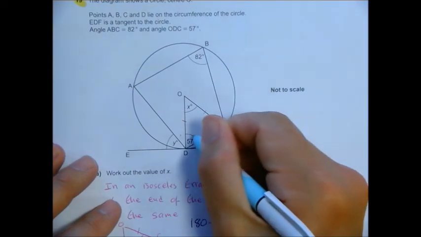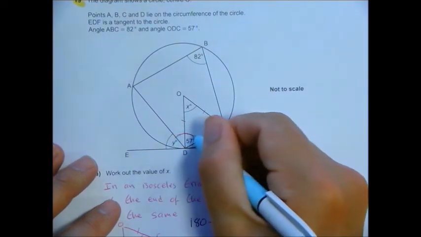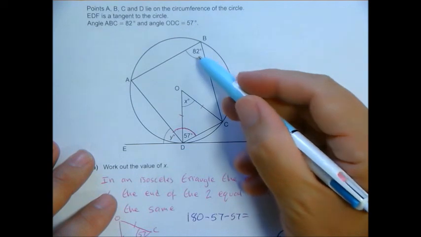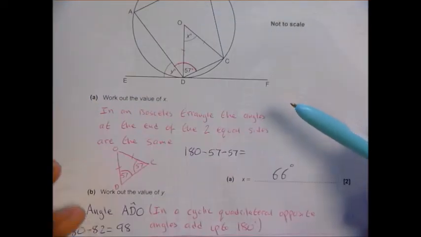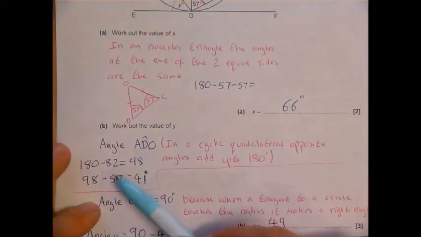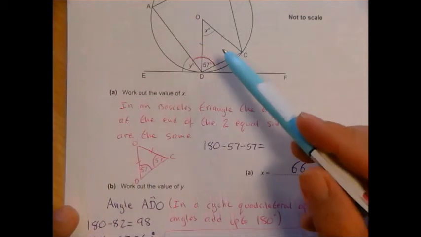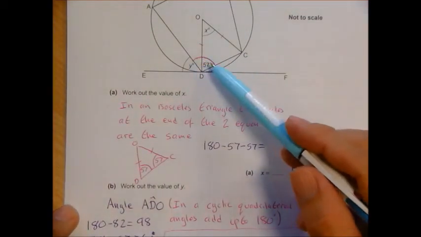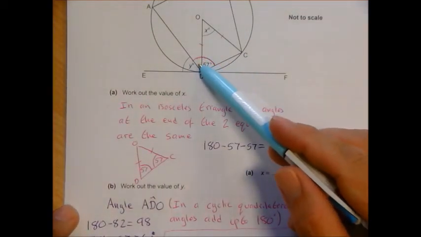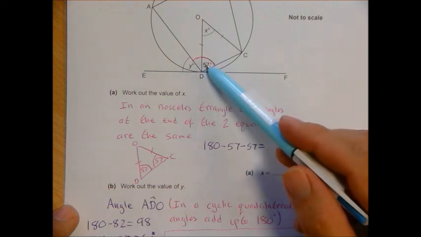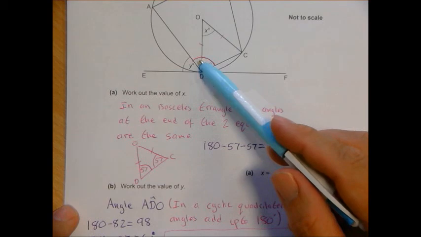So this angle here, all of it, I'm doing it in pink, look, is this add 82 gives you 180. So that means 180 minus the 82 gives you 98. So all this in here is 98, but obviously you want just this bit here that the pen is on, so you do 98, take away the 57, that gives you in there 41.